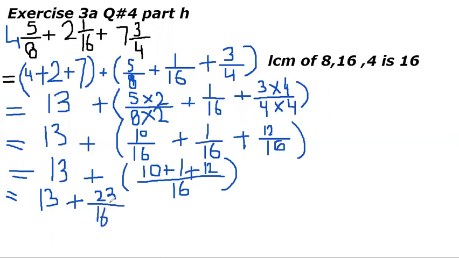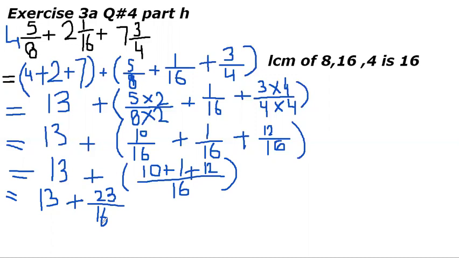Okay. Now students, 23 upon 16 is an improper fraction. What is an improper fraction? The fraction whose numerator is bigger and denominator is smaller.